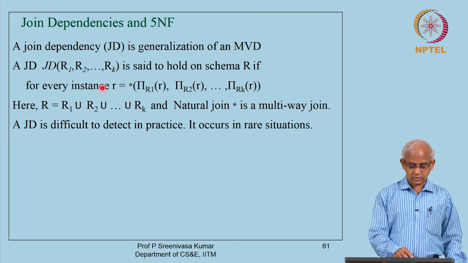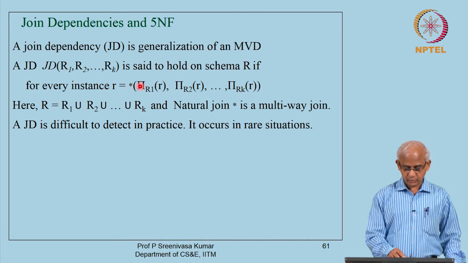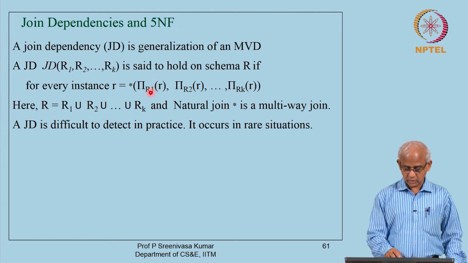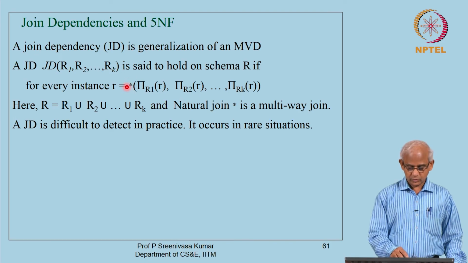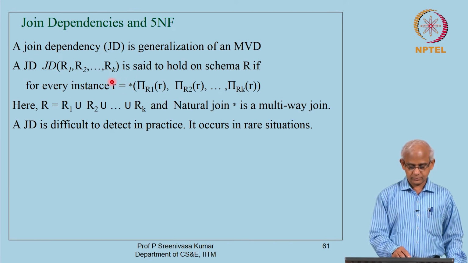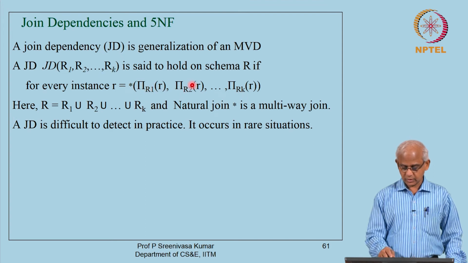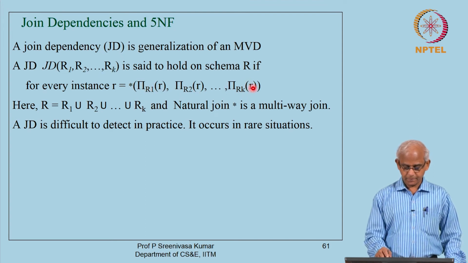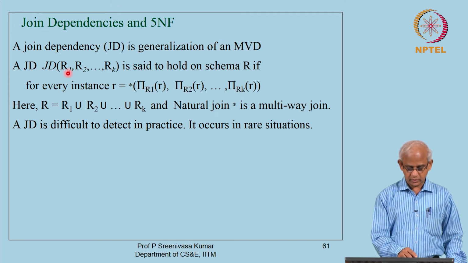So, for every instance of R, if it so happens that if you project R onto R1 R2 Rk, and then do a multi-way natural join, you get back your R. Okay. So, it is written as R is equal to multi-way join of pi R1 R, pi R2 R, etc., pi Rk R, and please read this R1 as R subscript 1.